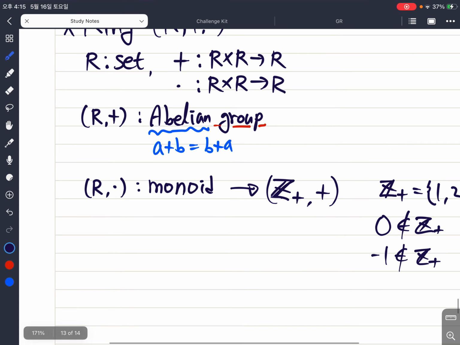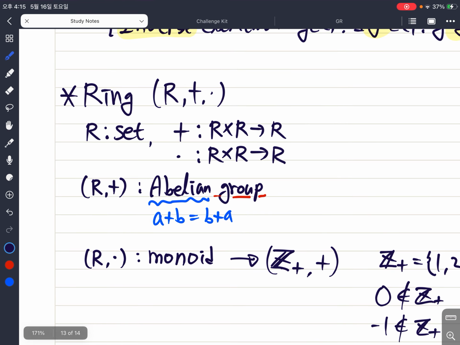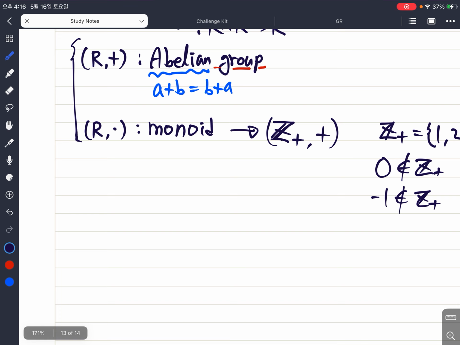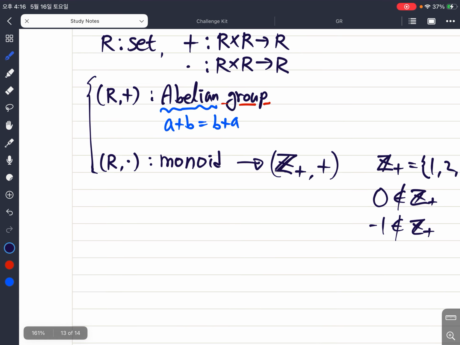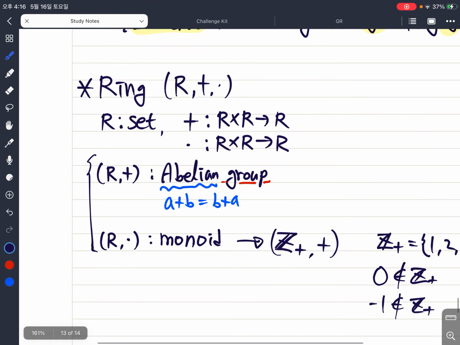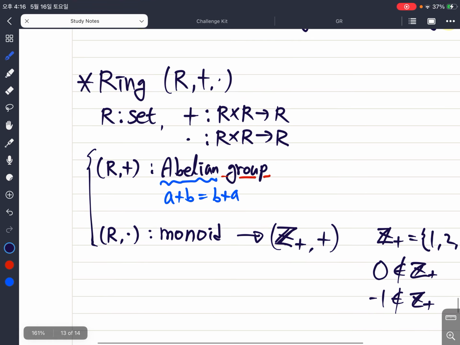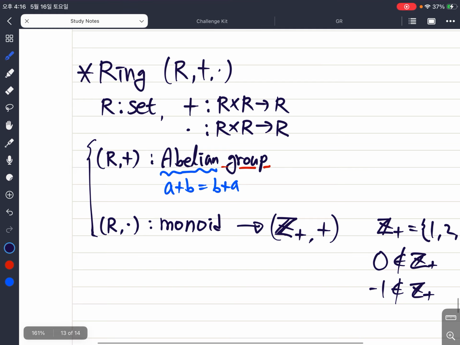Let us go back. So you have this special case. Also, you have 3 different notations. So you now have R, plus, and dot. Now you learn the relation between R and plus, and the relation between R and dot.